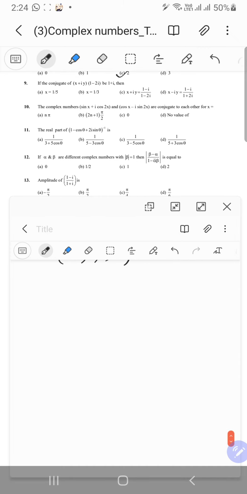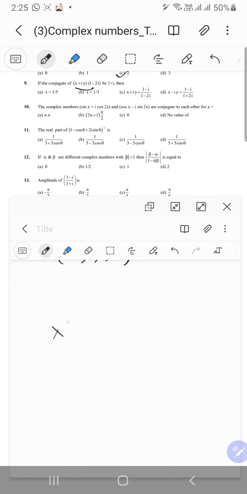If the conjugate of x plus iy into 1 minus 2i be 1 plus I, then all right, just multiply this thing first.